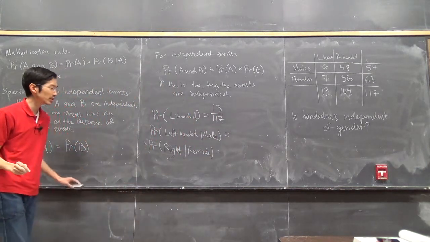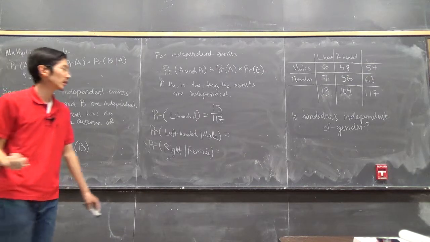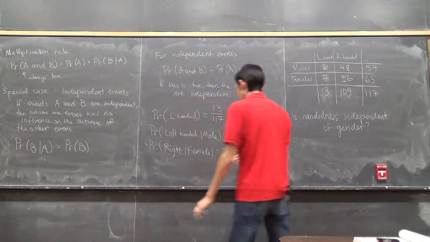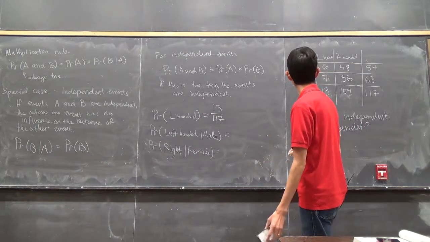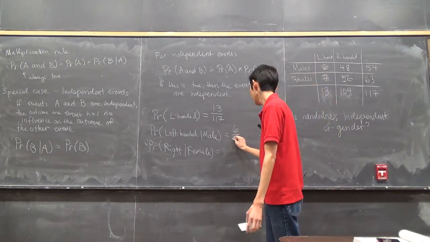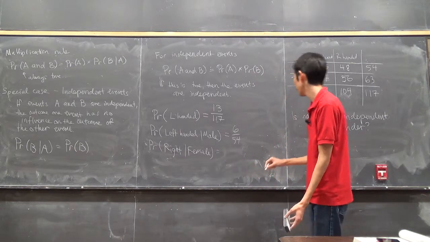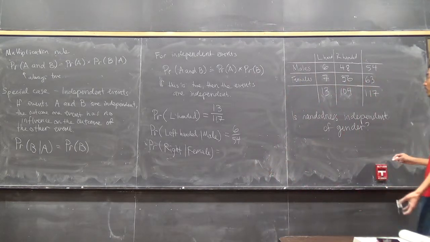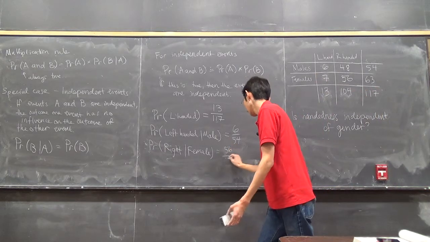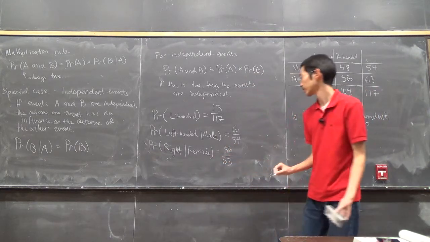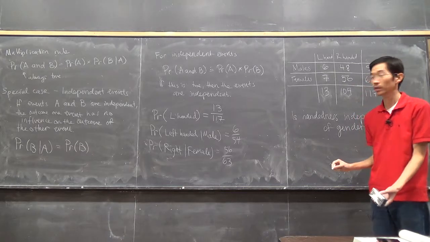What's the probability that someone is left-handed given male? 6 over 54. And what's the probability that someone is right-handed given female? 56 over 63. Good. Is that okay? All right.